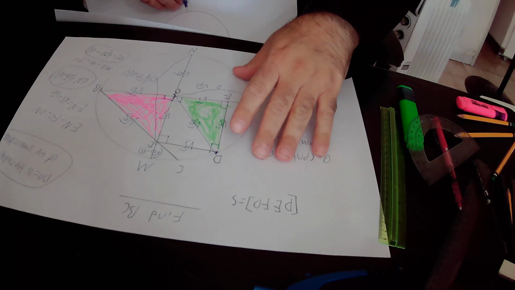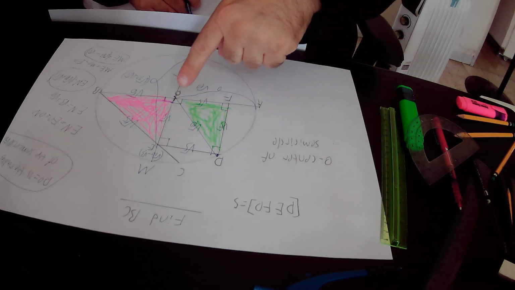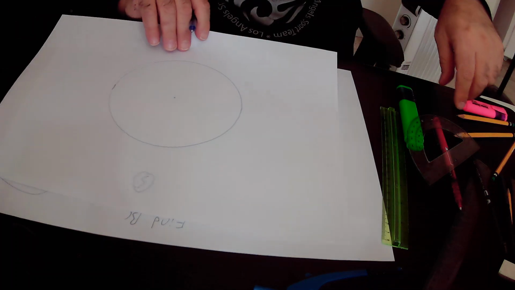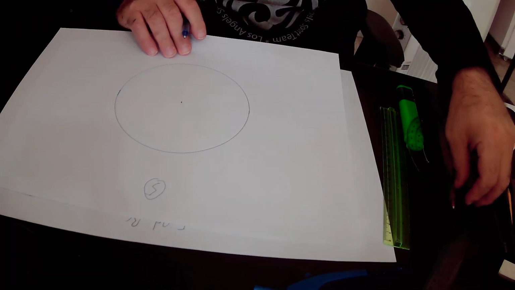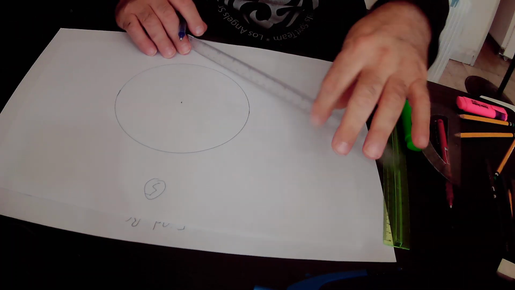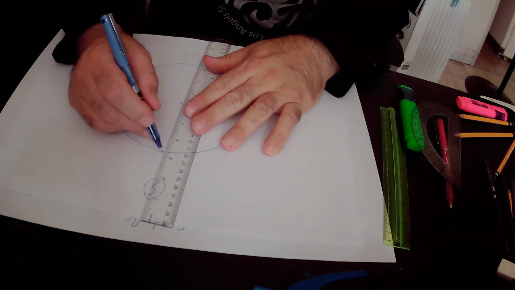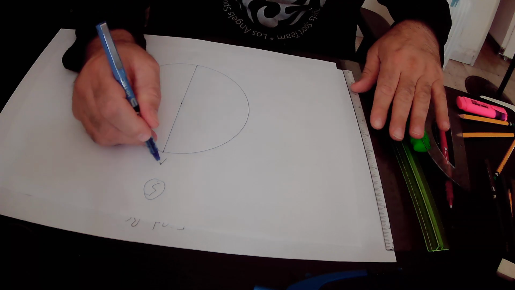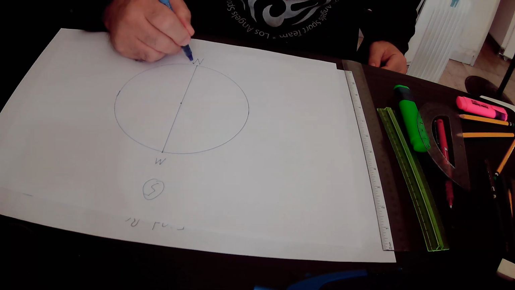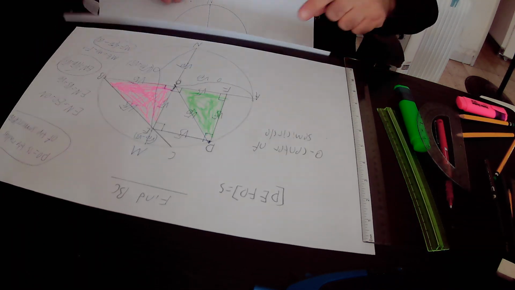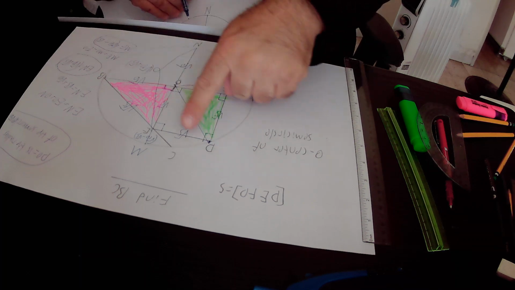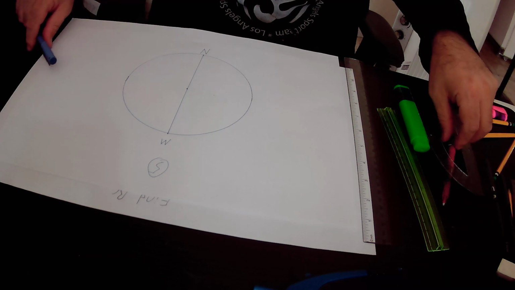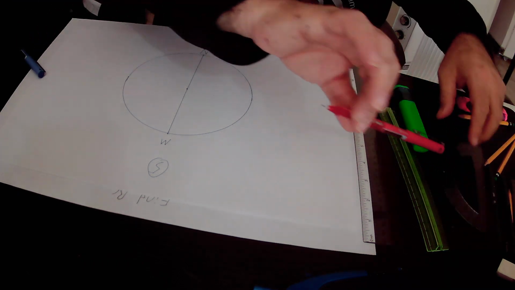You can see from the drawing that chord MN passes through the center of the circle, that is to say from point O. So we have here chord MN that intersects with chord CB. This is chord CB at point E.